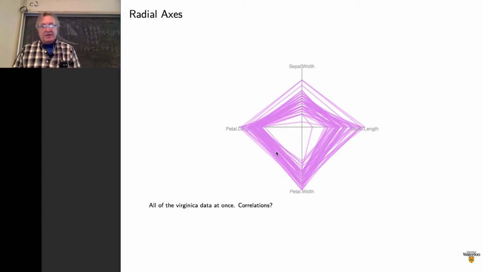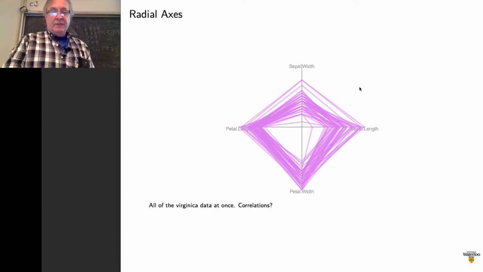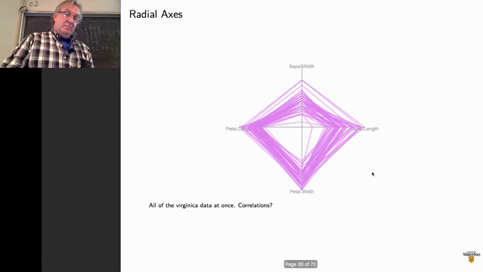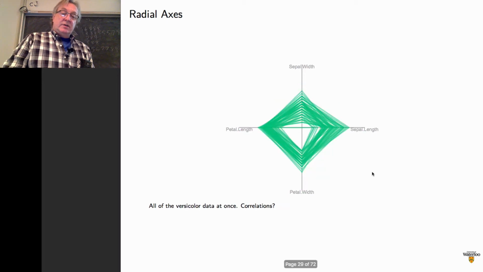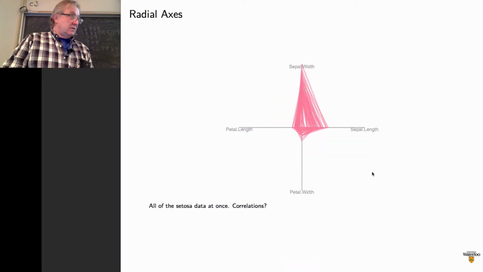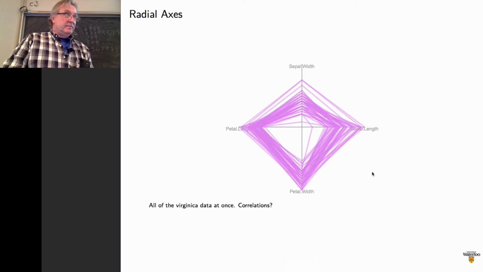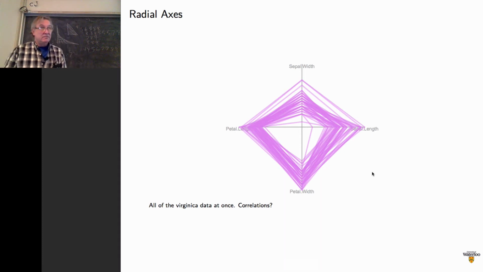And there's Virginica, again, which looks a lot like versicolor, but bigger. So Virginica, versicolor, setosa. Setosa looks quite different from the other two. All right, so that's a four-dimensional representation, yes?